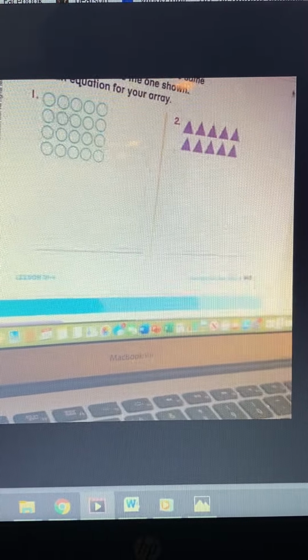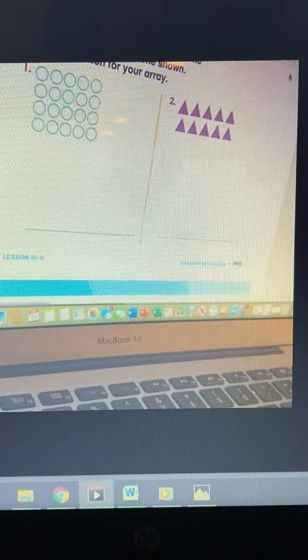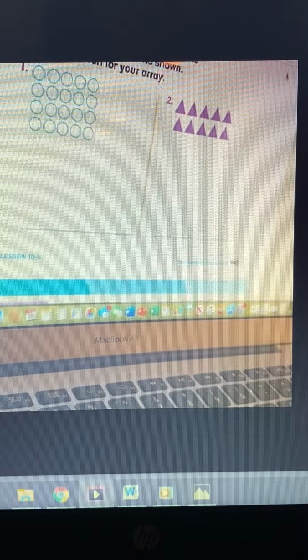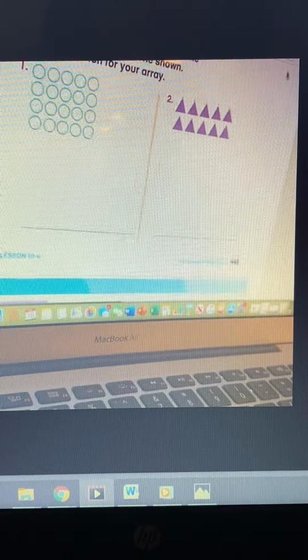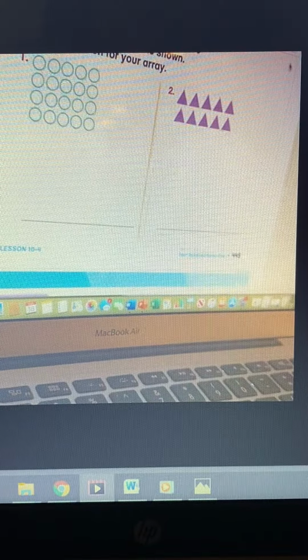To help you out, I'm going to fold this to show you, boys and girls. Try to figure this out and work on it. You want to show a different array that has the same number of objects as the one shown above. I tried to write this really quickly, but that's what the array would look like.